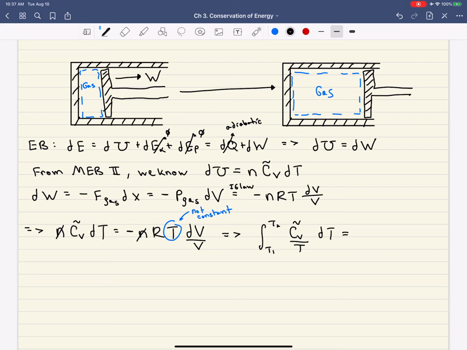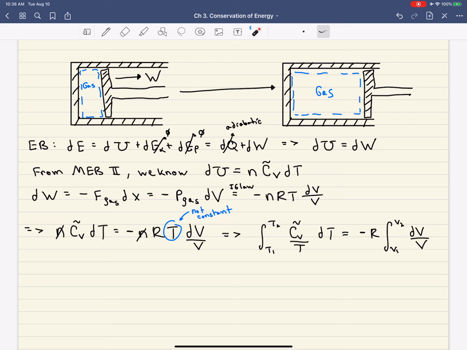And on the right-hand side, we'll collect all the volume terms over V. Now, the gas constant is a constant, so I pulled it outside of the integral. CV here, though, may or may not be a constant. As you saw in MEB2, your heat capacity equation, especially when you're dealing with gases, can itself be a function of temperature.